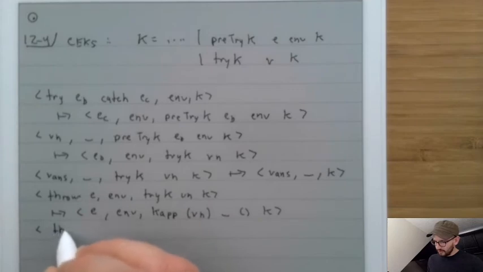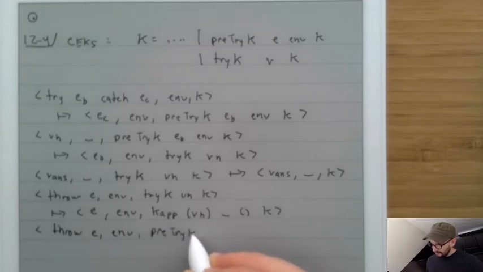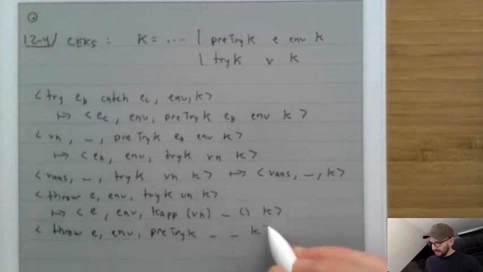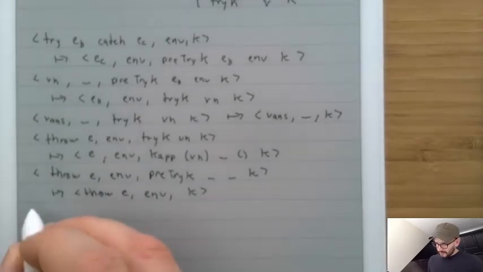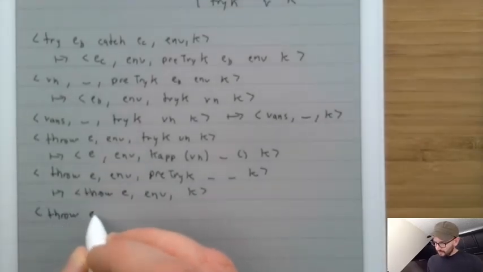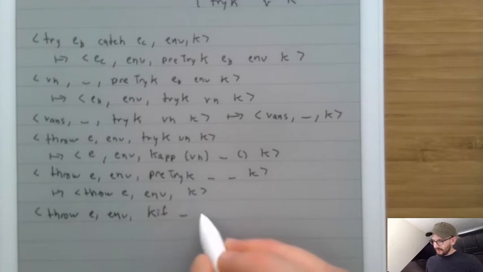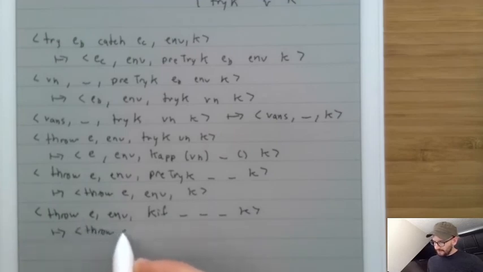So for instance, what if there was a throw where it had a pre-try K, with some environment, some expression, some environment, and some K. What we would do there is we would just pop off that stack frame and just leave the throw E alone, same environment, and pop off that K. Similarly, if we got to a throw where there was a K if with the environment, the true branch, the false branch, and the K, then we're just going to skip over those and pop them off and just get to the K underneath.